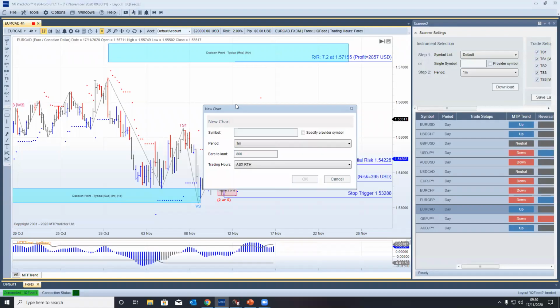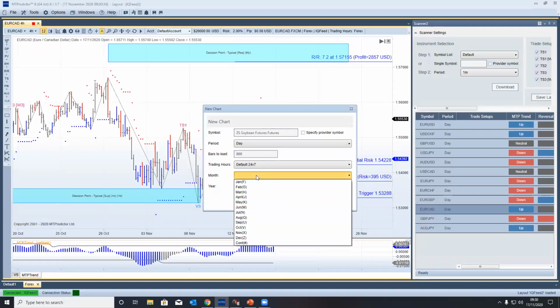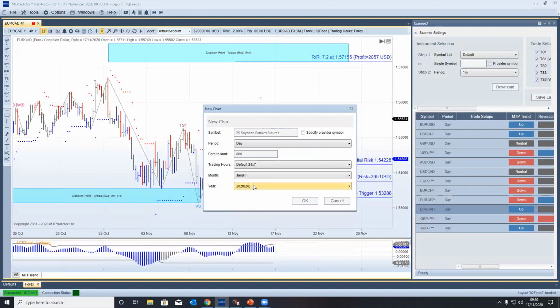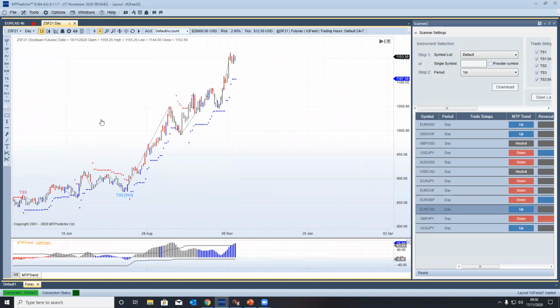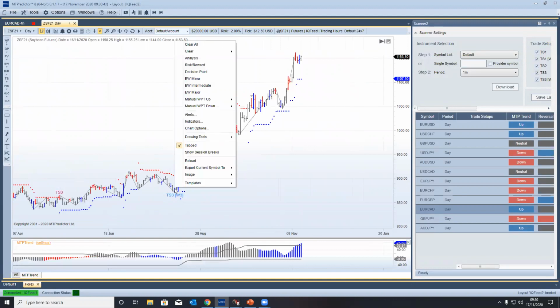Yeah, Philippe was saying you've got to look at further out contracts sometimes to get good trade setups. So he's looking at January 2021 soybeans. This is the W3, or wave 3, trade setup down here that he's looking at.